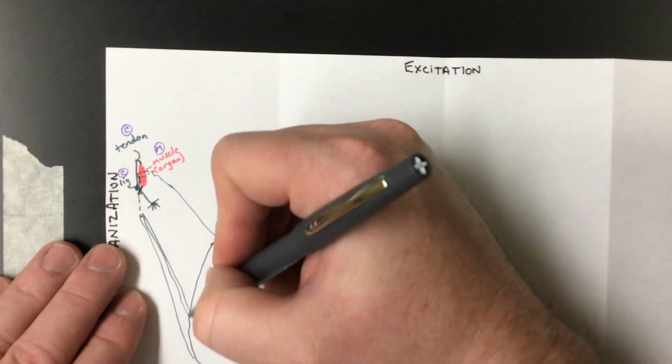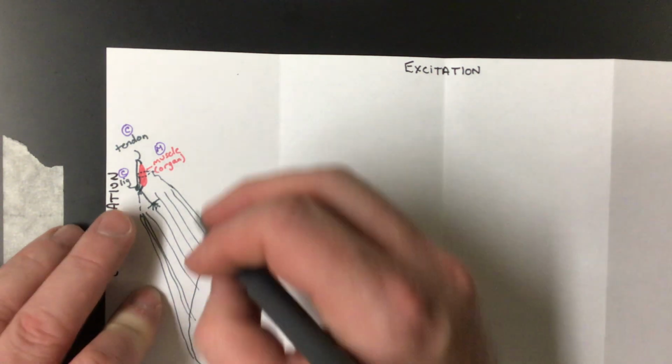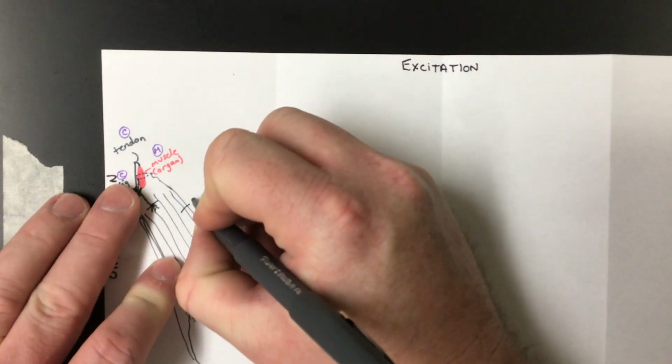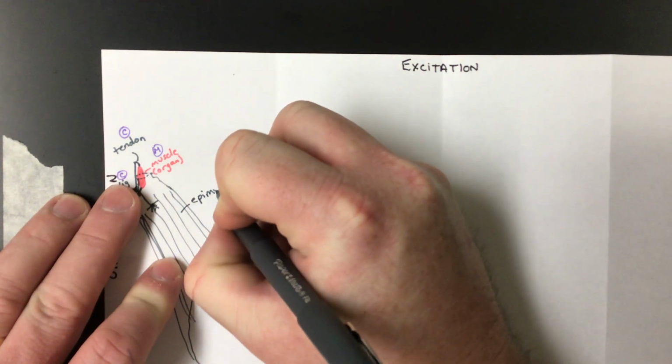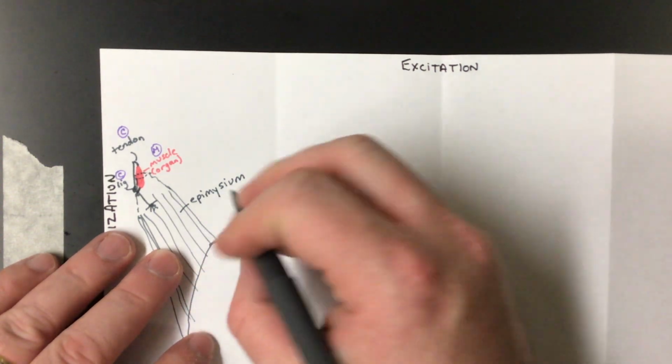And let's draw some connective tissue covering of the muscle here. So this connective tissue covering is called the epimysium. And it's good that the epimysium has that name because it's on the outside of the muscle.